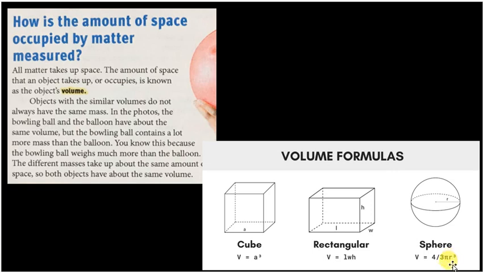Again, radius times radius times radius, multiply times pi, right, which is 3.14, and then multiply times the fraction 4 over 3, right? As it says here, 4/3 times pi times the radius cubed. So this makes it easy. If we have a formula, then we can use that, okay?